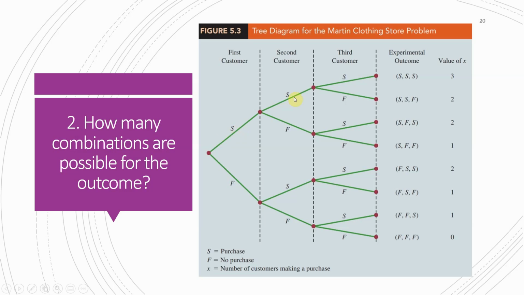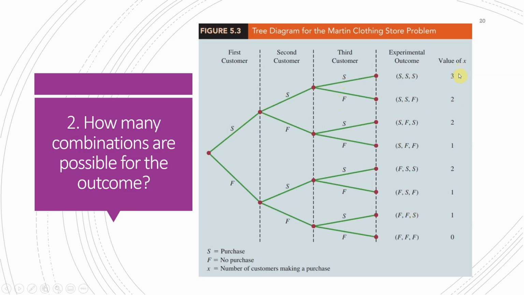So we could have purchase, purchase, purchase. That's the first outcome, where all 3 people make a purchase. The second would be purchase, purchase, no purchase. That's 2 people. And we can continue looking at all these different lines. These would be all of the different outcomes.